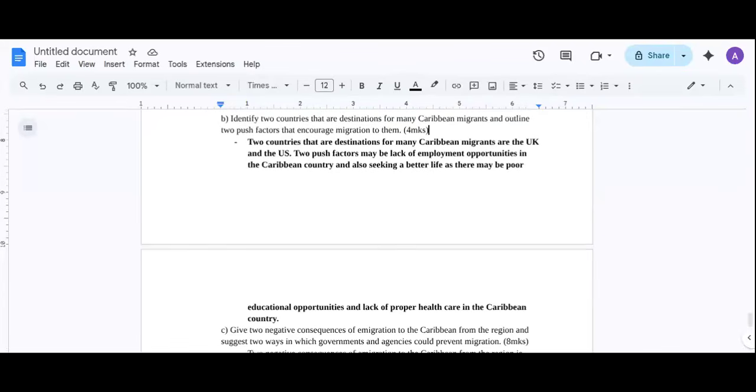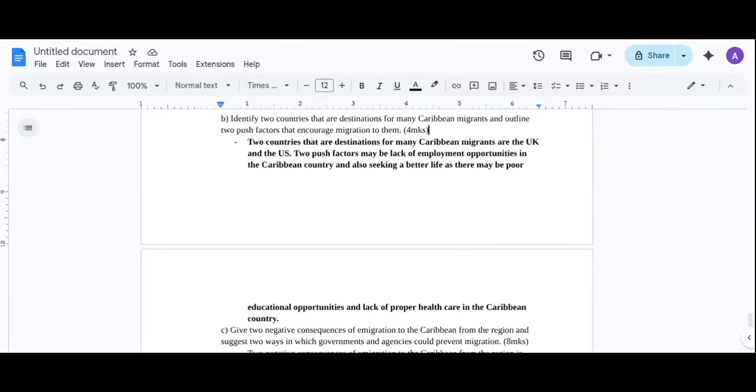Next question here. Give 2 negative consequences of emigration to the Caribbean from the region and suggest 2 ways in which governments and agencies could prevent migration. So when we're looking at emigration, that's the one with the E, we're looking at exiting a country. We're not in a country.